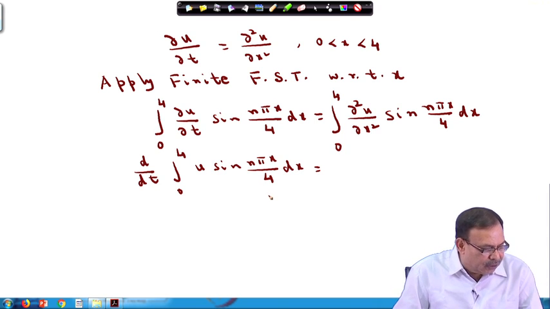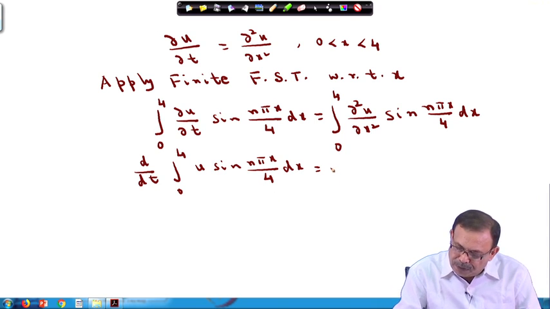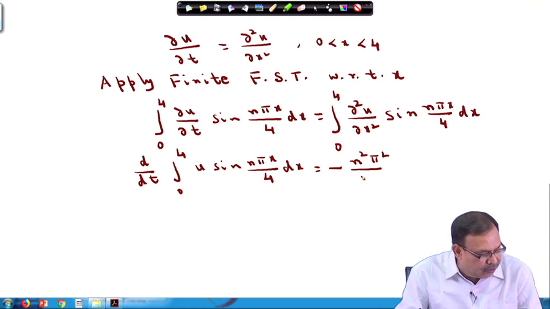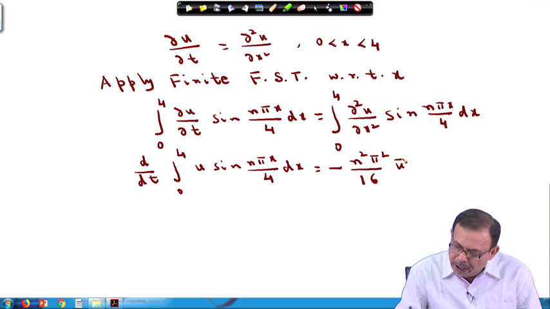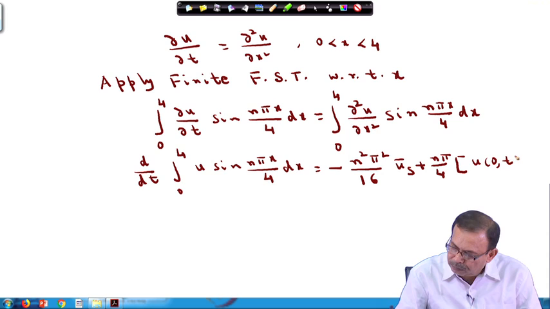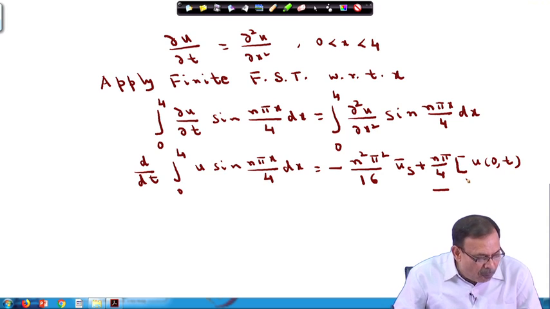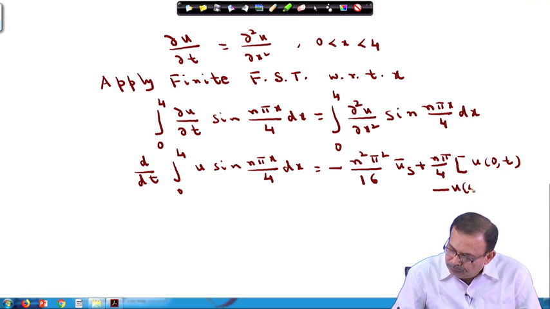The right hand side, from the definition, will be minus n square pi square by 16 into u bar, plus n pi by 4 into u(0,t) minus u(4,0) into cos n pi.